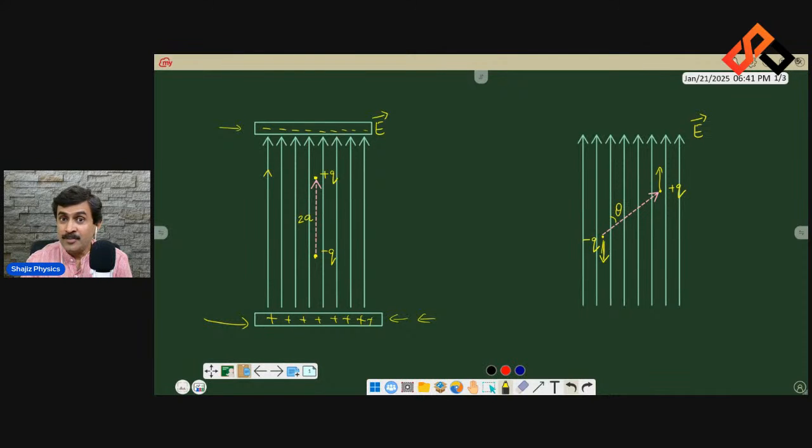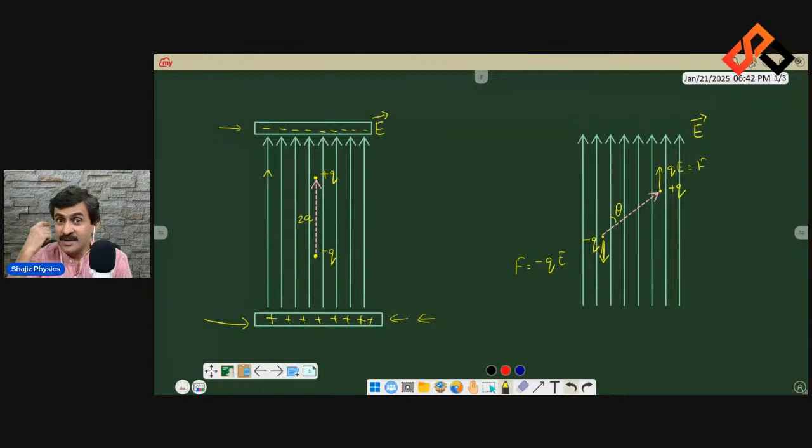Then what will be the force here? It will be QE, or more specifically plus QE, because it is acting in the upward direction. But at the same time, the force acting on the minus Q charge will be minus QE, which means it is acting in the downward direction.